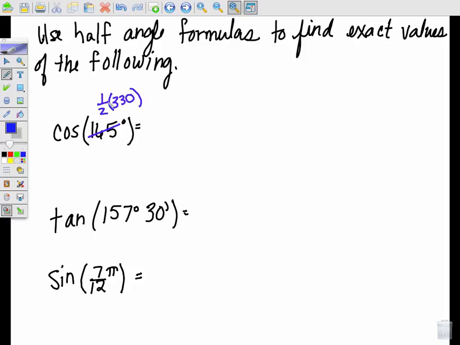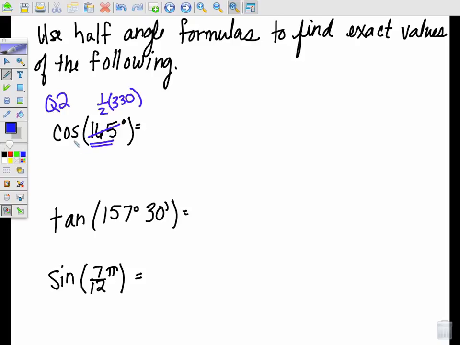330 is in quadrant 4, and so I know the cosine in quadrant 4 is positive. However, we actually need to look at the half angle. So we're not looking at quadrant 4; where's 165 at? Well, 165 is in quadrant 2.